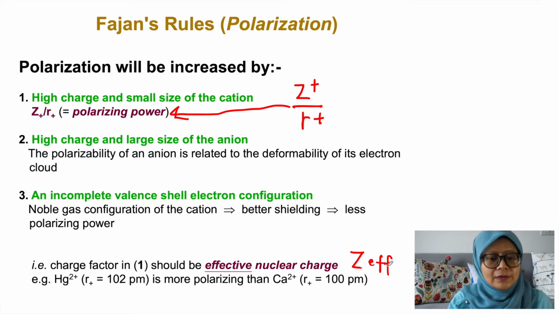For example, here we have mercury 2+. The radius is 102 picometers, and it is more polarizing than calcium 2+, because the radius of calcium 2+ here is 100 picometers.